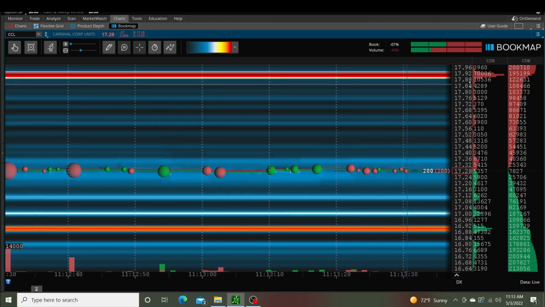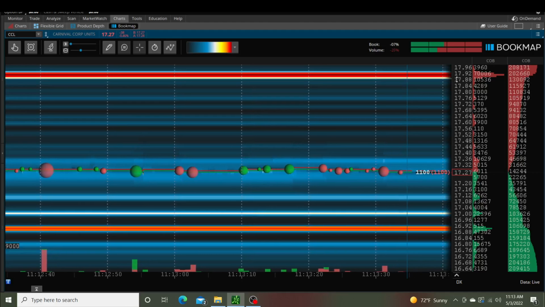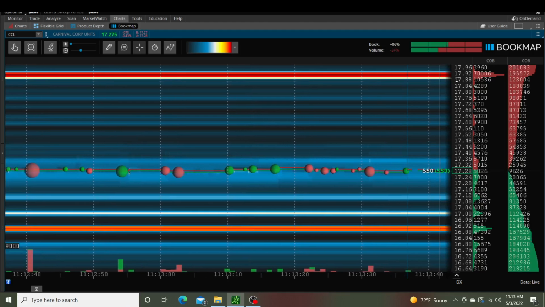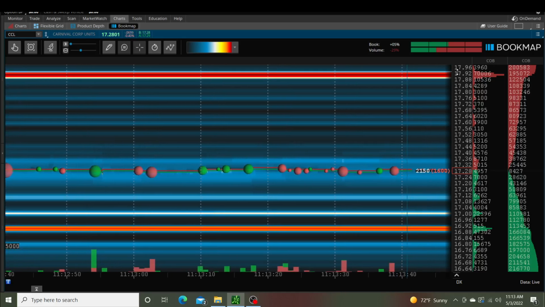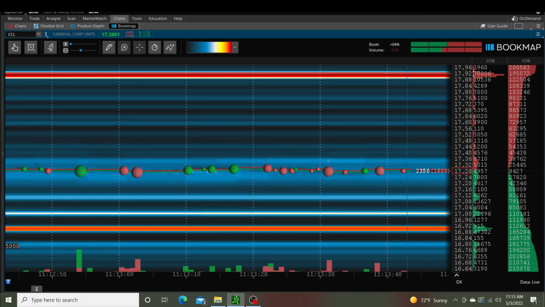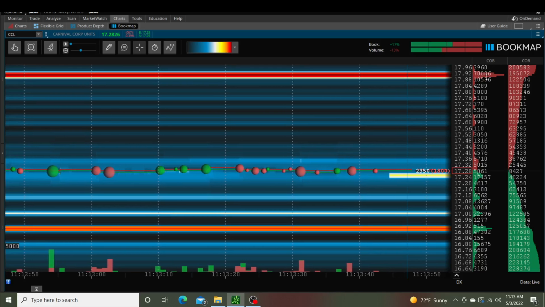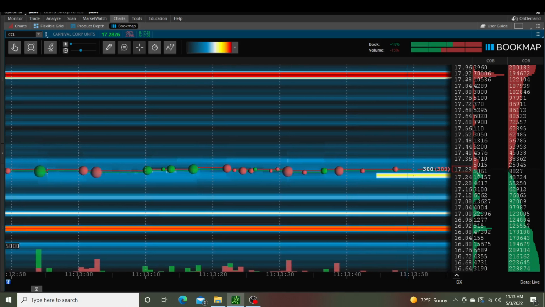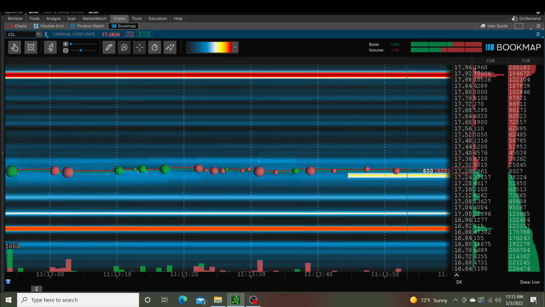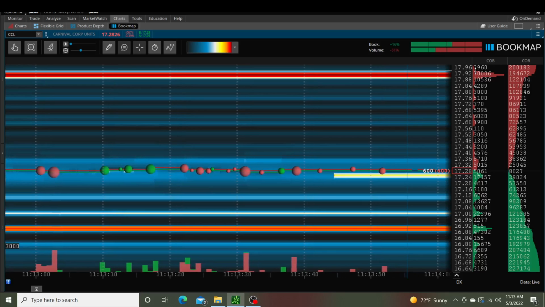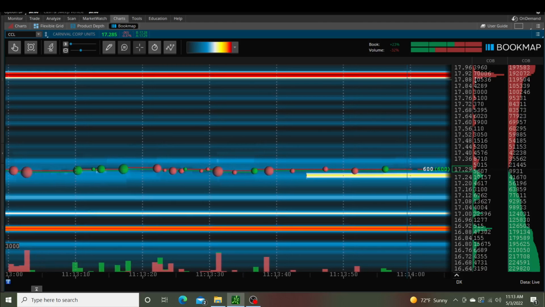So all this means is if this stock, CCL, Carnival Cruise Lines, is going to get up to 17.93, somebody needs to break through these 70,000 shares. So there needs to be a 70,000 order put in to break through this to make it to 17.93. Which in some stocks it's a lot, in some stocks it's not so much really.